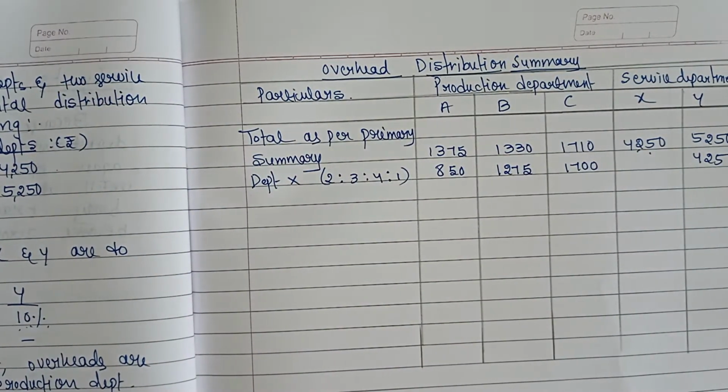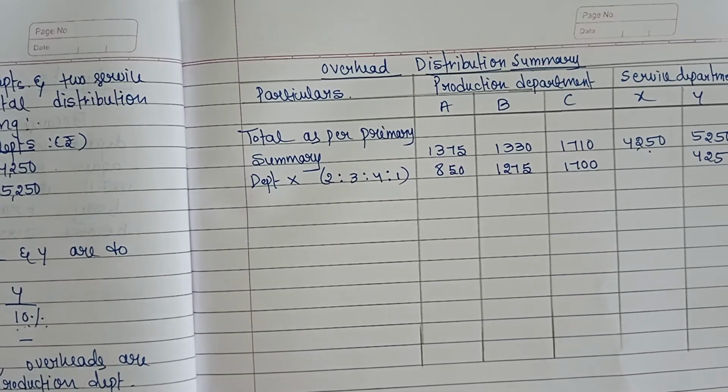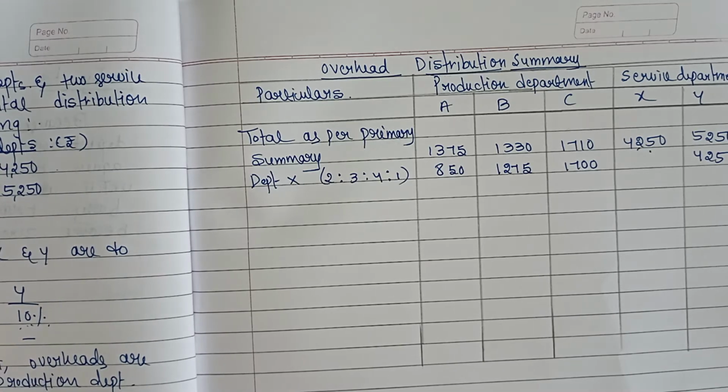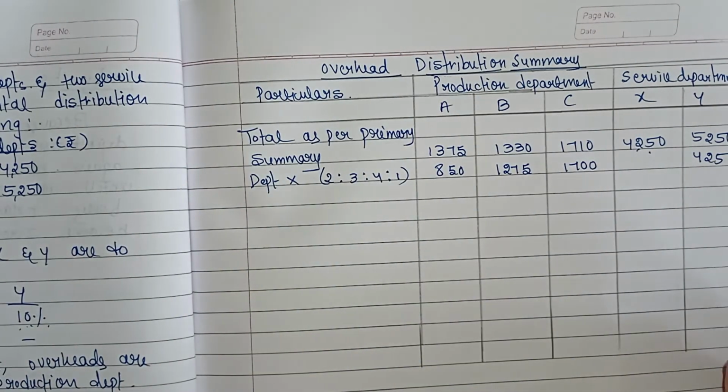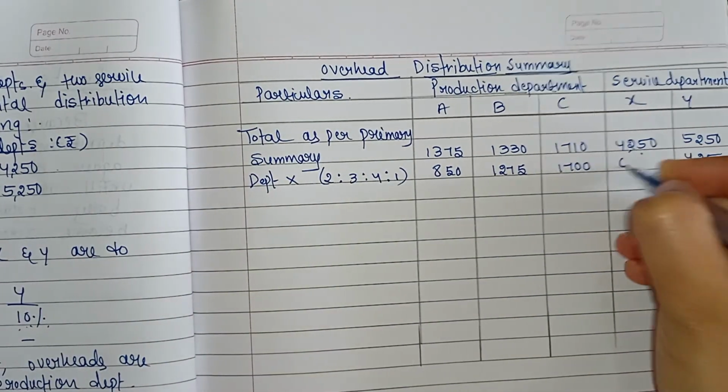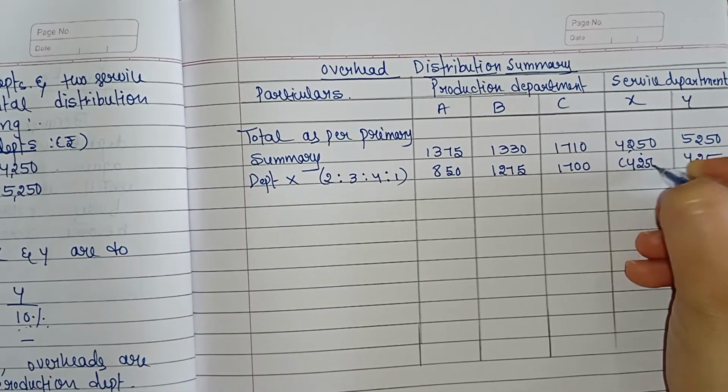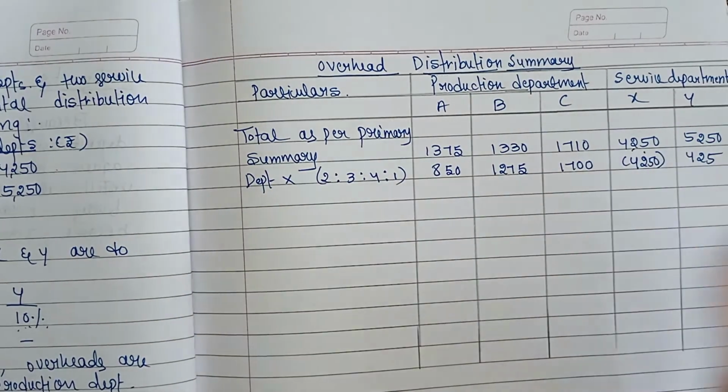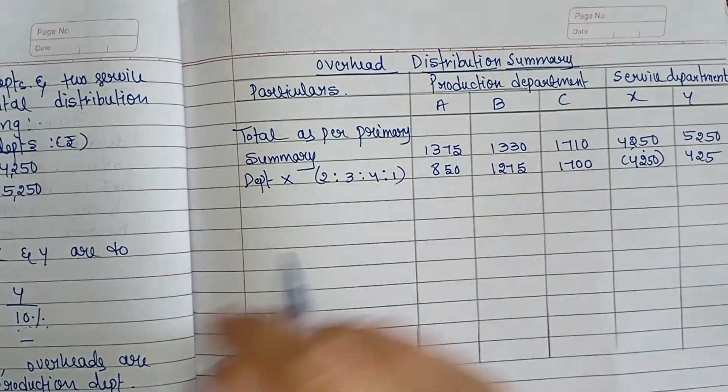Clear? In this way we need to distribute the service department X overheads to all other departments. Clear? Now Department X distributes rupees 4250 to all the departments.